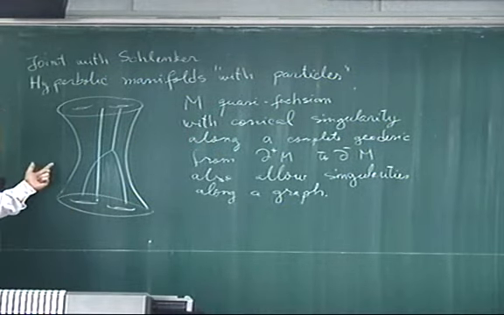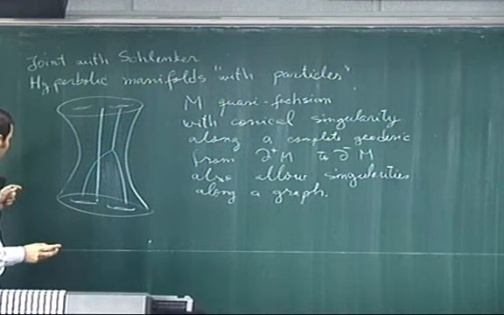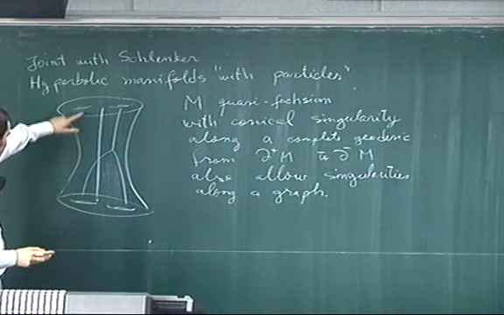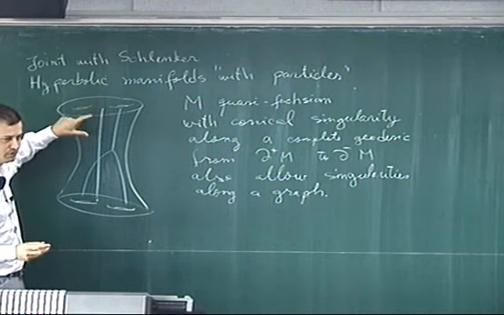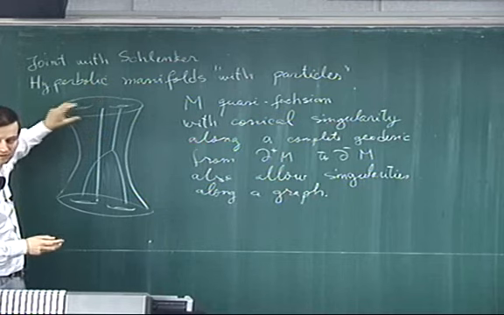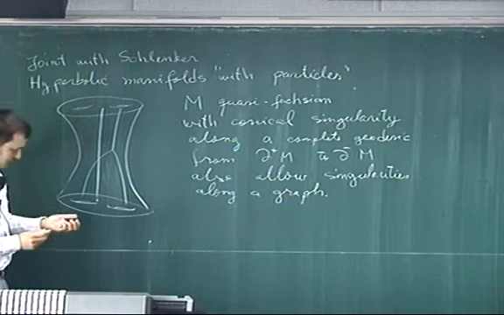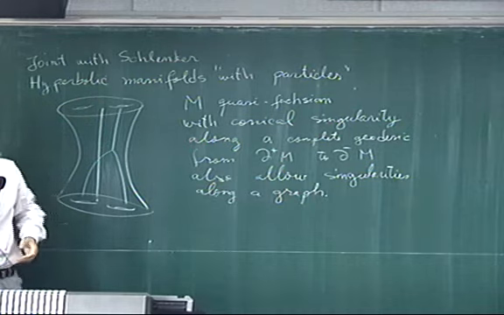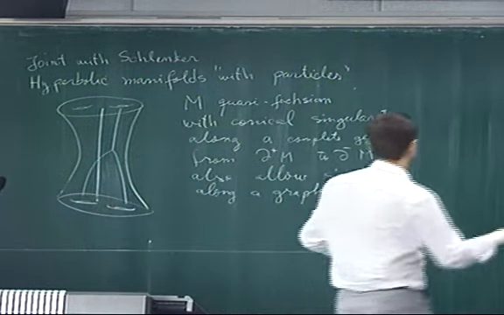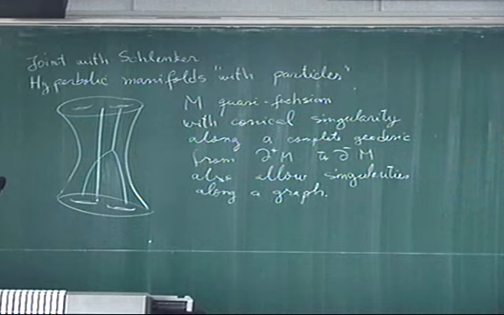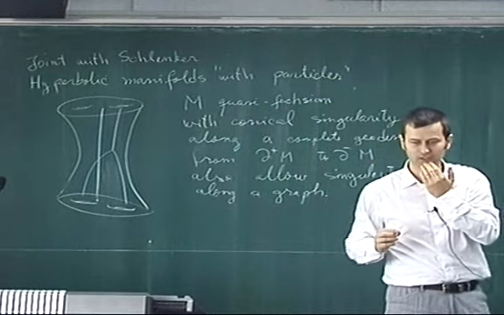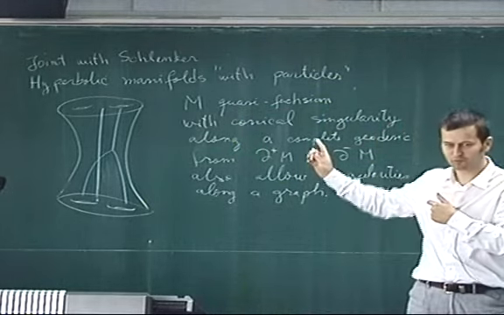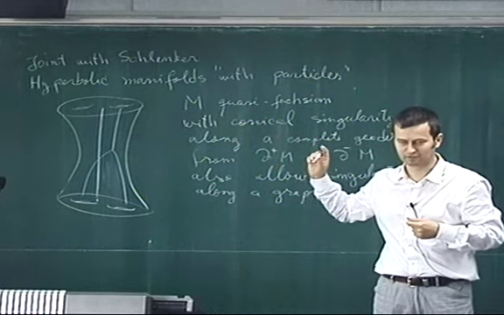So I should make all this precise. And the basic question is whether such a manifold is rigid, meaning whether you can deform it and under what conditions it becomes rigid. The conformal structure at infinity will also have a conical singularity, right.